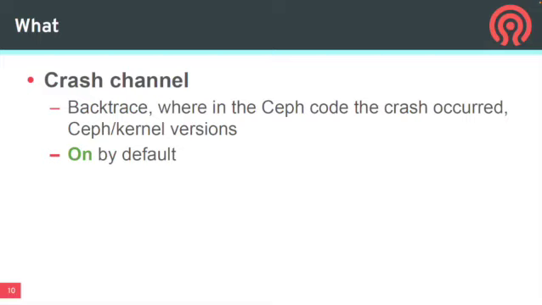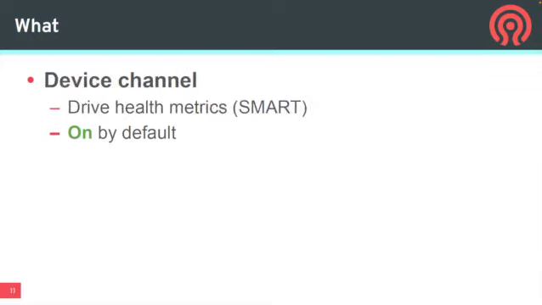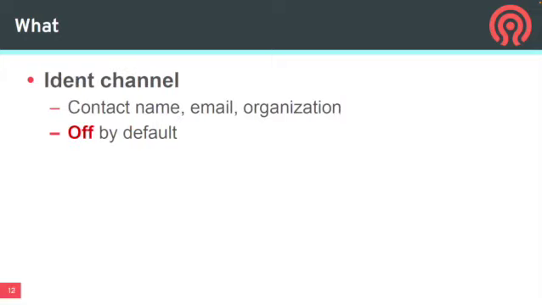Here we collect information about the crashes that happen in the cluster. So we collect the backtrace, the assert function in case the crash was due to an assert, the condition, some basic information about the Ceph and kernel version, what daemon crashed, and so on. We then have the device channel, where it's basically the SMART metrics from your devices, which is also on.